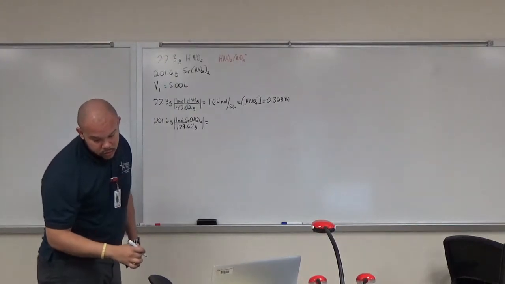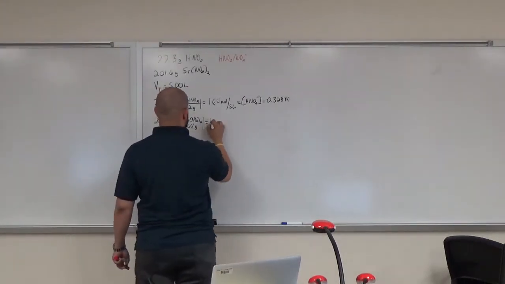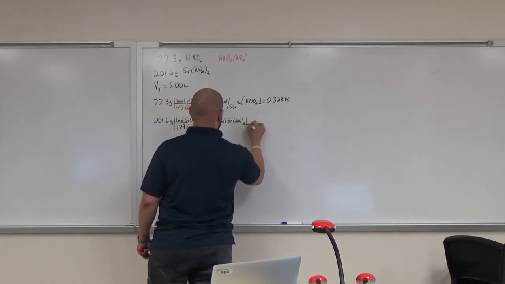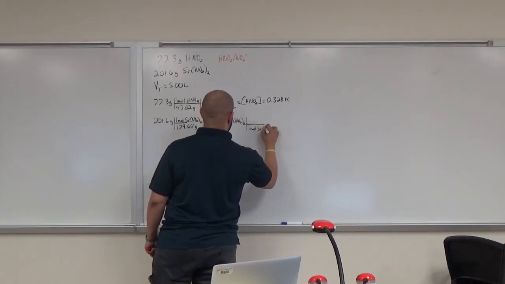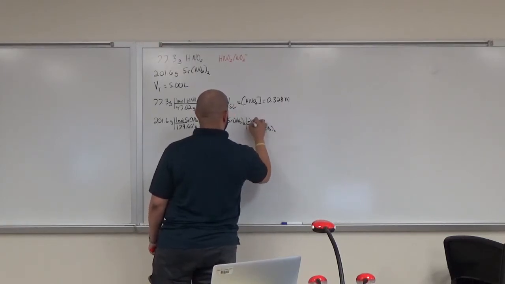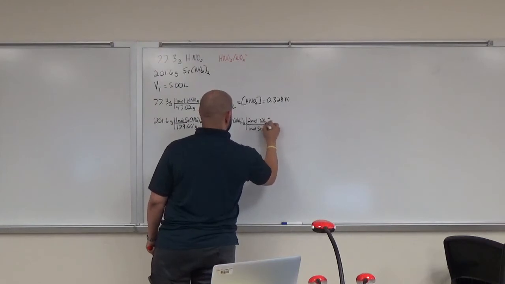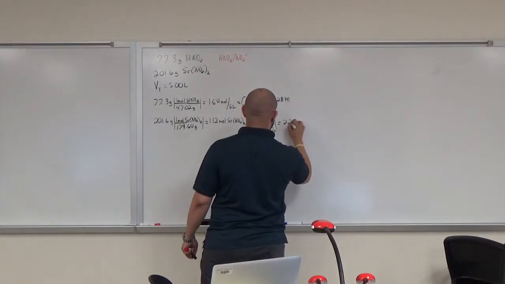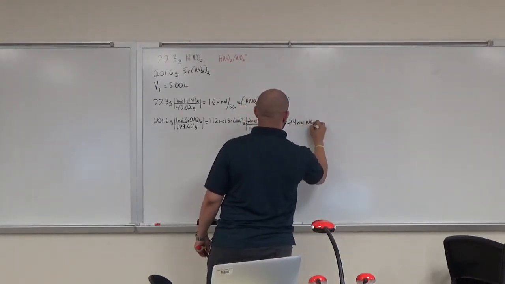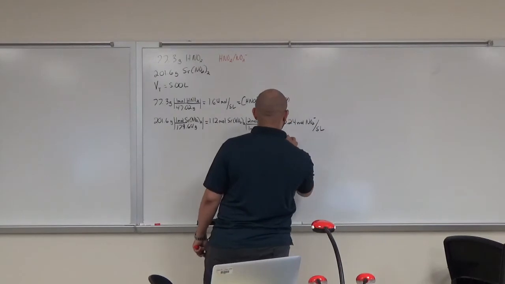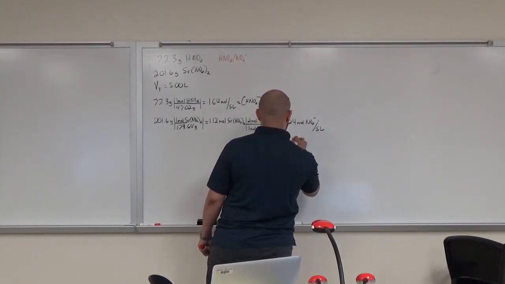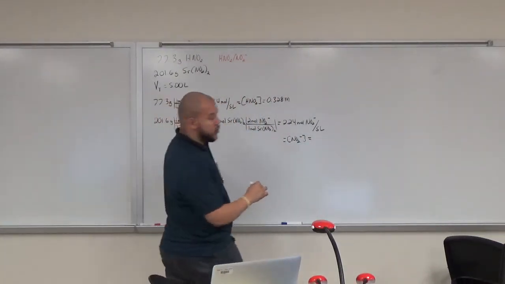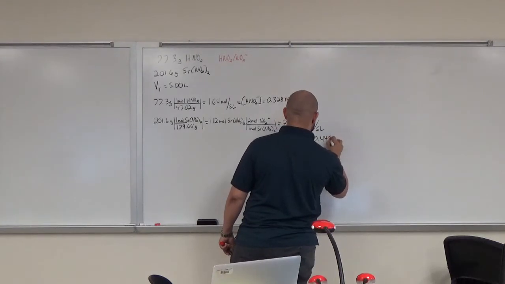That's equal to 1.12 moles of Sr(NO2)2, but we need to know that for every 1 mole of Sr(NO2)2, there are 2 moles of NO2 minus, which is what we're interested in, and that is equal to 2.24 moles of NO2 minus divided by 5 liters gives us the concentration of NO2 minus, which is equal to 0.448 molar.